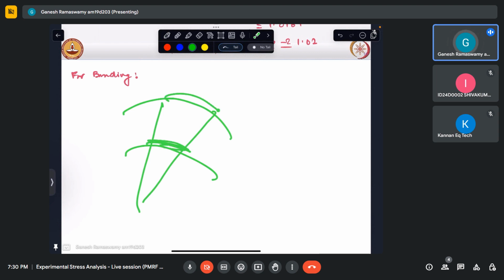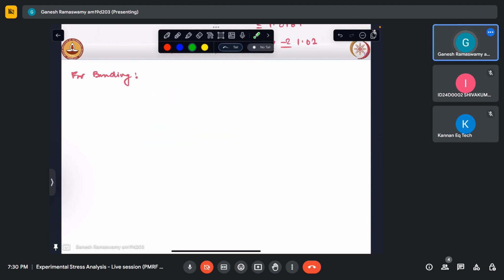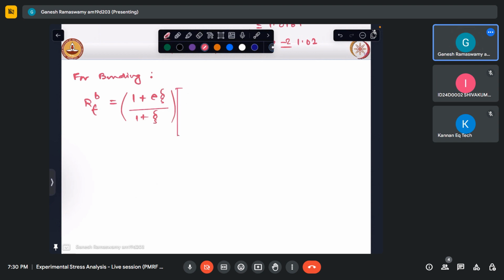It gives me the correction factor in the case of bending as 1 plus Eg by 1 plus G, into 4 times 1 plus Eg cubed minus 3 times 1 minus Eg. Actually, this is not that interesting because it's just number plugging and number crunching.